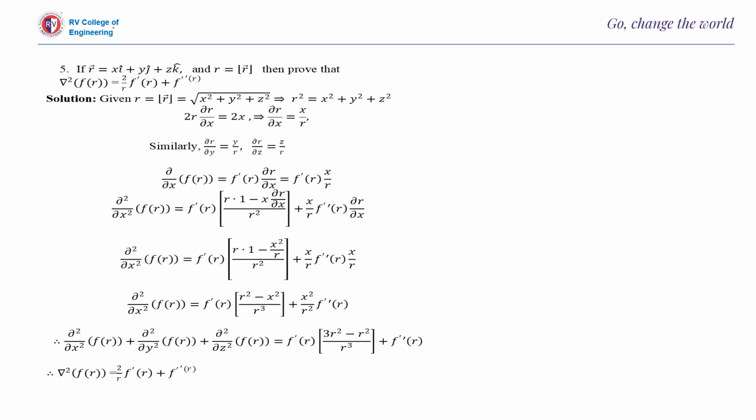So first we have to differentiate the function, and then we have to differentiate the r term with respect to x. As we know already, r is equal to mod r. Thereby r square is equal to x square plus y square plus z square, and 2r into dou r by dou x, whereas dou r by dou x is x by r.